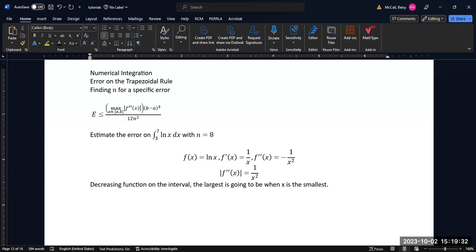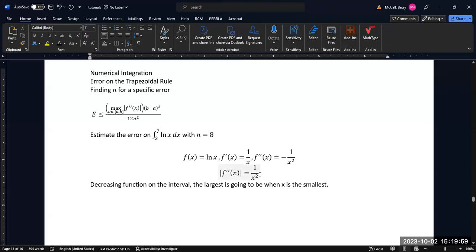Now, if you have a more complicated function, it's entirely possible that your derivative could have a maximum somewhere in the middle of the interval. So for very complex functions, you do need to be very careful about this. A lot of the examples that you will see will be monotonically increasing or monotonically decreasing, and that is not necessarily the only scenario that could happen.